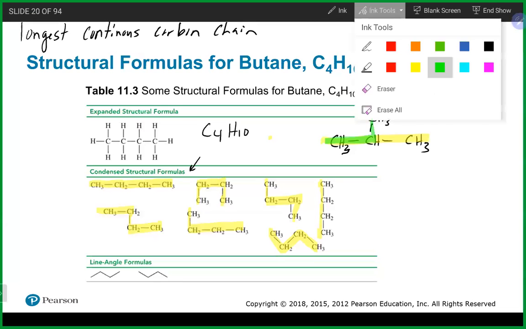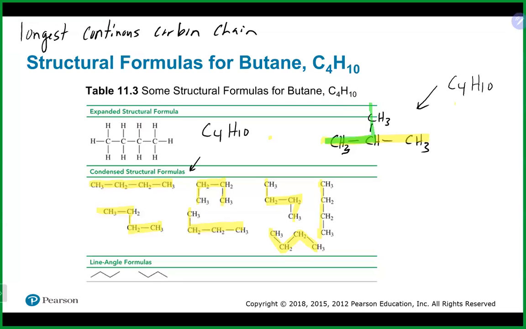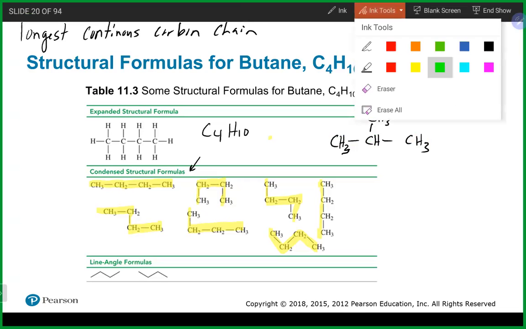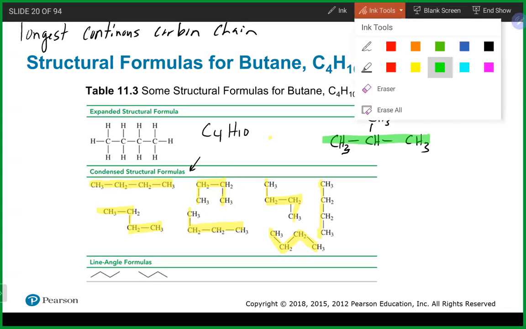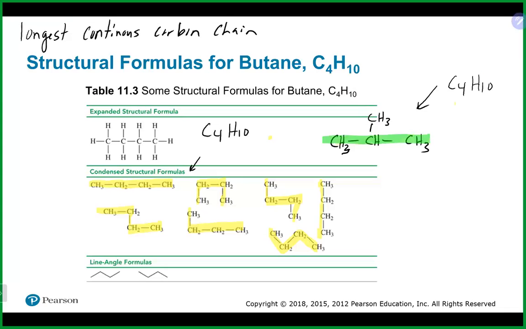So the answer is this is not butane, right? This is 3, which, as we just mentioned, is propane, the basis of this molecule. So as I was saying before, this is basically 3 in a row. We must take the straightest one there. That is only 3 carbons, which means the name of this guy is propane.